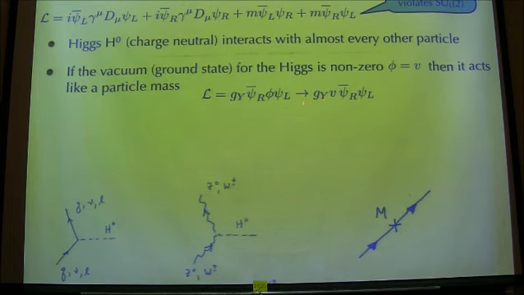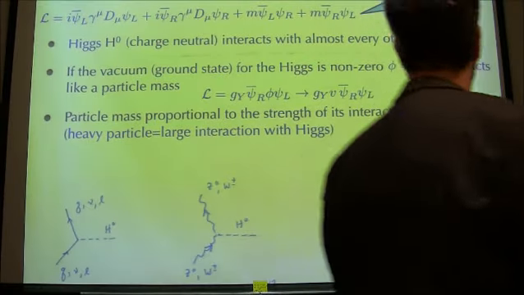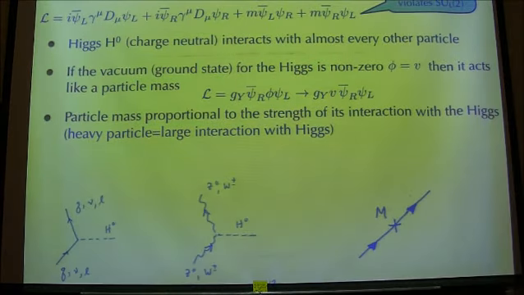In other words, the strength of the interaction between the Higgs field and these particles is what gives particles their mass. So the particles with the strongest interaction with the Higgs are the heaviest particles we observe. The things that have very weak interactions with the Higgs are going to be very light.